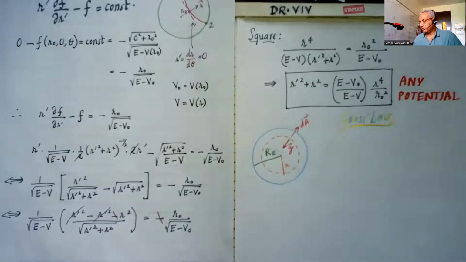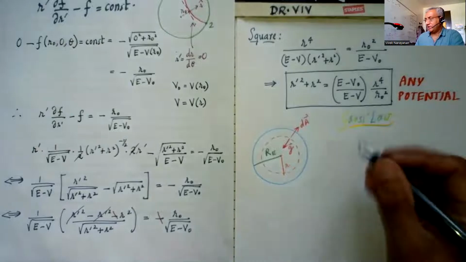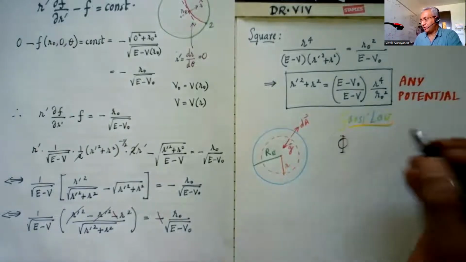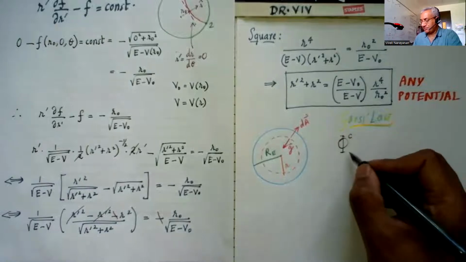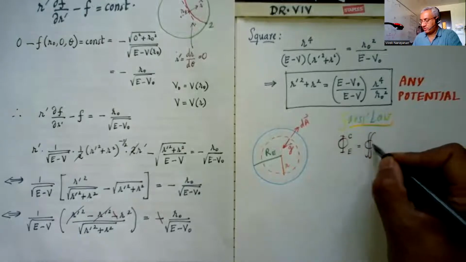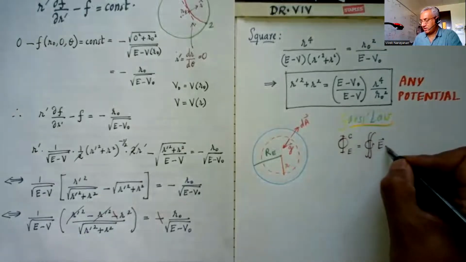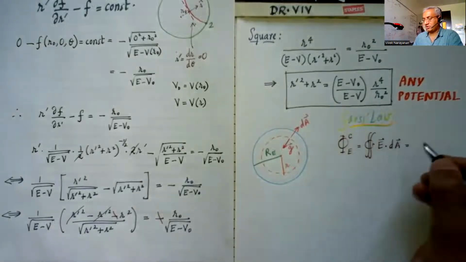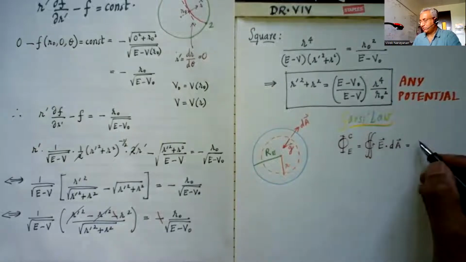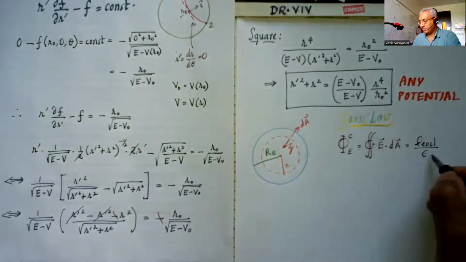Okay. Gauss's law, if you recall, for gravity would be very similar to electricity. So let's first recall what Gauss's law for electricity is. The closed flux of E dot dA, something you learn in university physics. So that's going to be the enclosed charge divided by epsilon naught.